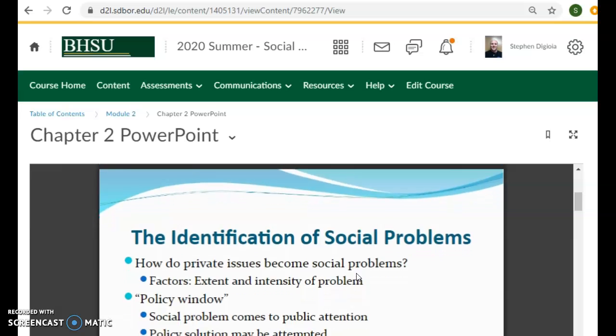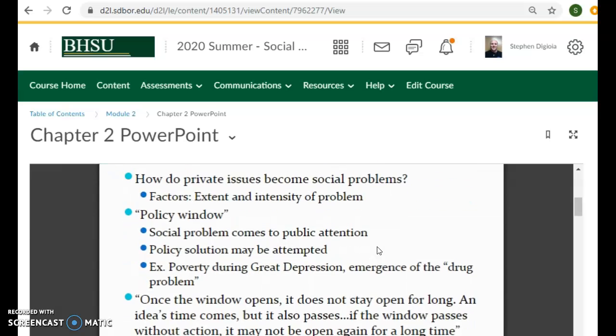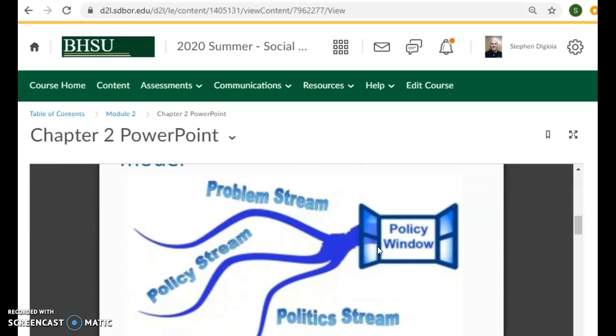So chapter 2 covers the identification of social problems, and then what happens when you have a problem: the policy window. When there's an event, the case I overuse every semester is a school shooting. Whenever there is a school shooting, a policy window opens.